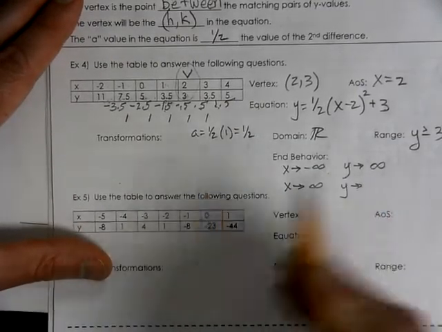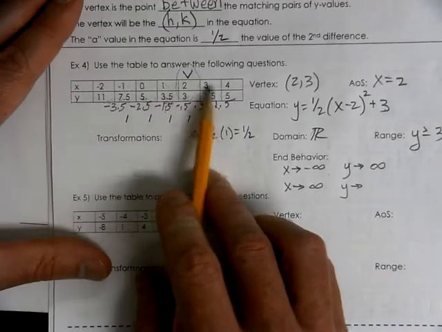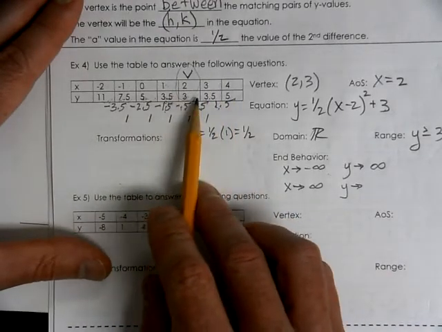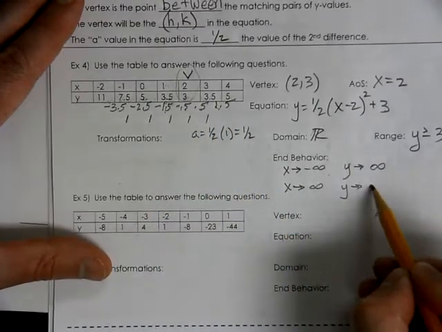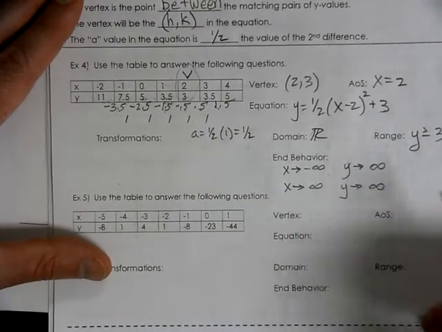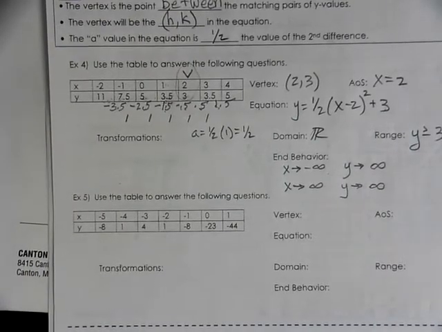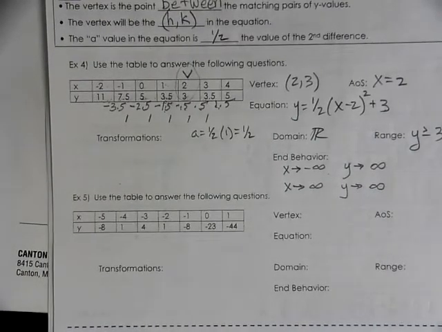As we move to the right, as x gets bigger, you can see slowly but surely the graph is increasing, so it's going to infinity. Your end behavior looks at the x value as it gets really small, what does the function do? And as it gets really big, what does the function do?